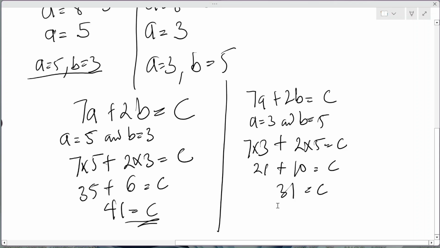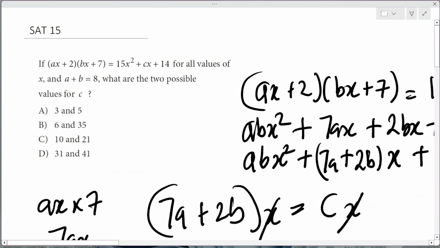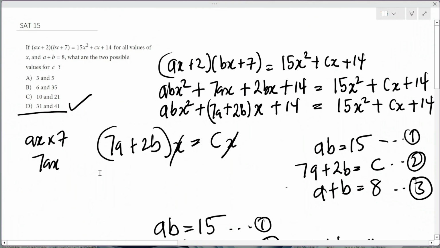The two values for c are 31 and 41. Going to our options, like said earlier, from getting one of the values for c, our answer is D. That's 31 and 41.